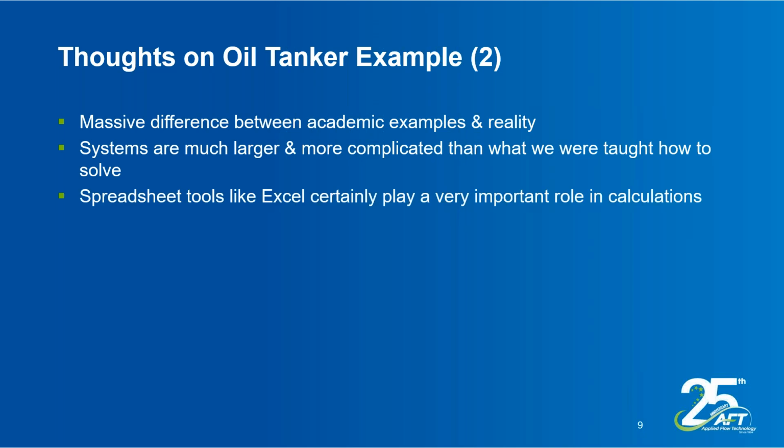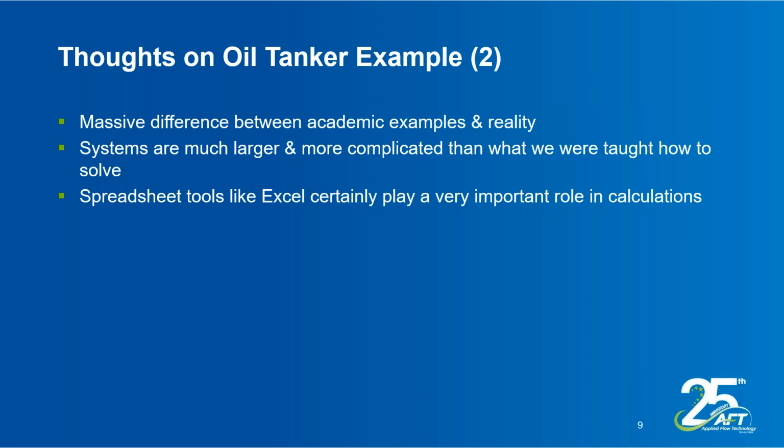The spreadsheet calculations and hand calculations that we're given are very simple until you start asking several other questions about the system. And when you start getting into multiple flow paths, control valves, pressure gauges, multiple pumps in parallel, things like that, your spreadsheets are just not going to do the job.